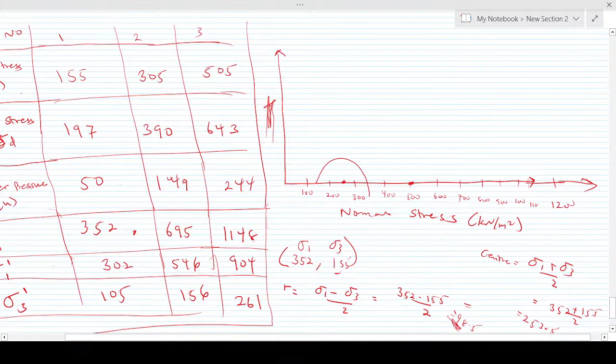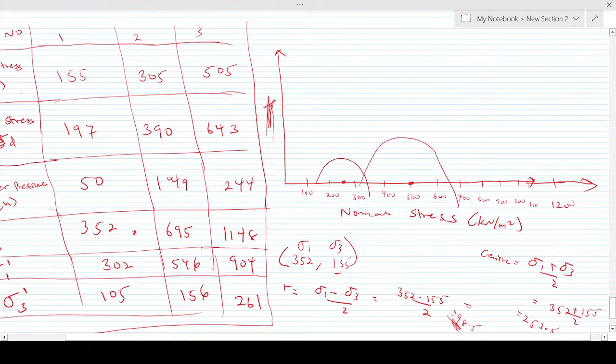The radius is 695 minus 305, again divided by 2, and that's 195. So you stand here, open 195, then you draw an arc. It's simply going to pass through the 305 and the 695. The 305 is somewhere here, and your arc will pass through the 695 this way.